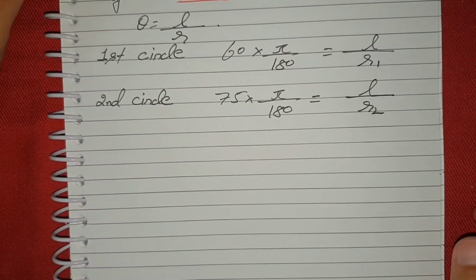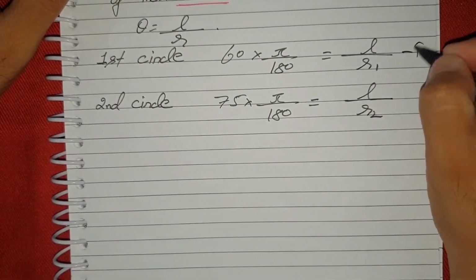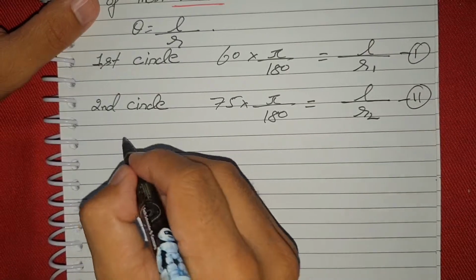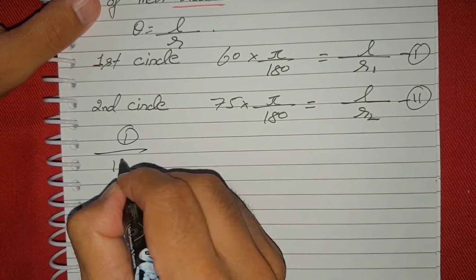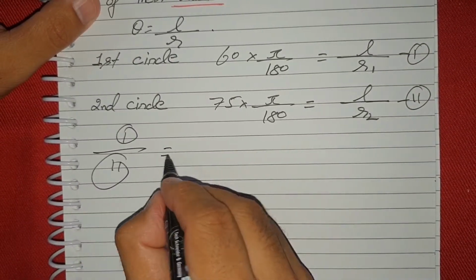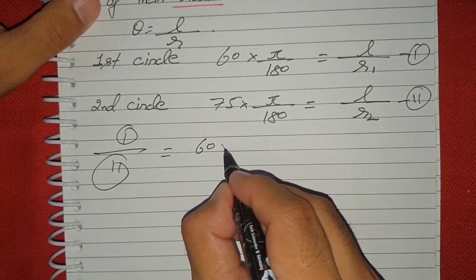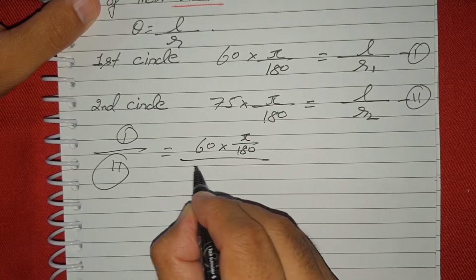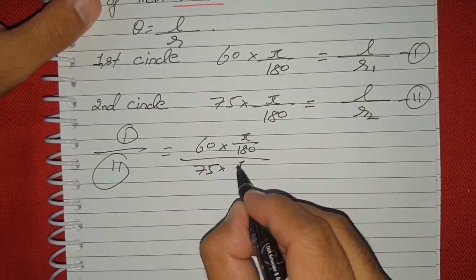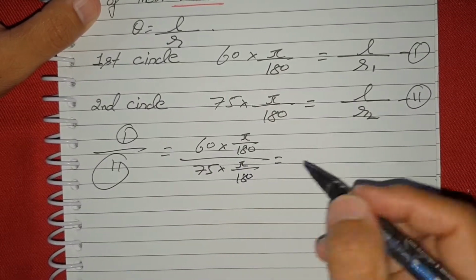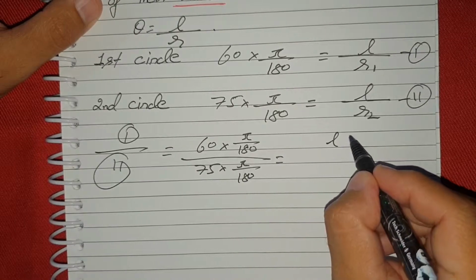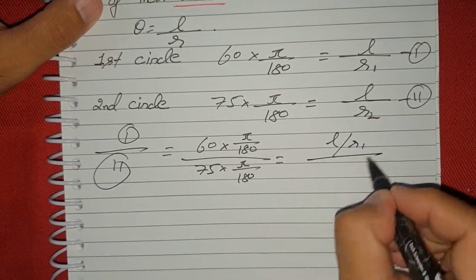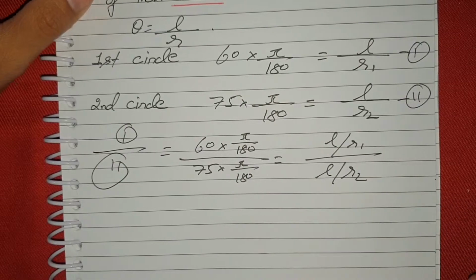Now for the ratio, simply take this as equation 1 and this as equation 2, and perform 1 by 2. So this will be 60 into pi by 180 upon 75 into pi by 180 equals L by R1 upon L by R2.